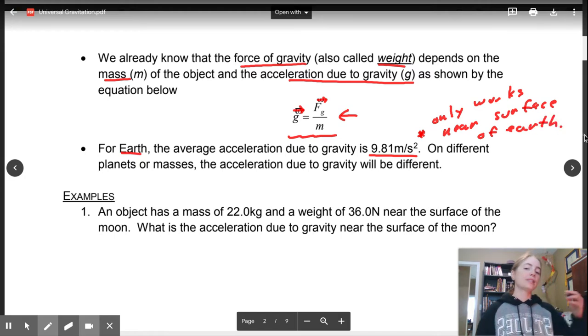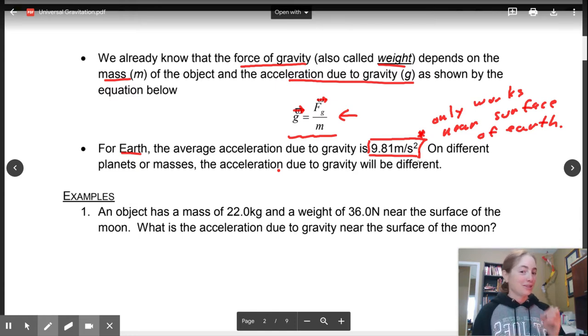The second you go off into orbit around Earth, like satellites, g is no longer 9.81. We'll talk about why that is the case a little later, but this number only works near the surface. So g isn't necessarily always going to be 9.81 now. Existential crisis starting. Sorry, guys.